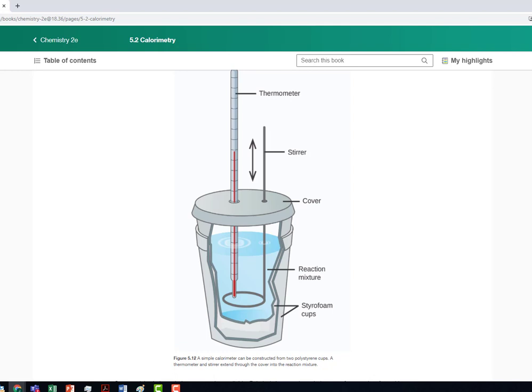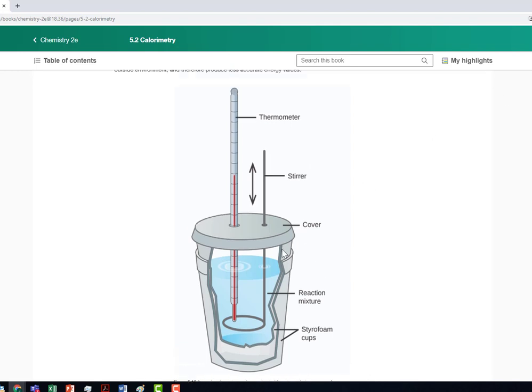Here's an example of a coffee cup calorimeter. The setup is very similar to what we'll be using in the lab. So we have two nested styrofoam coffee cups. We'll have a cover for that, and then we'll have water that we put inside, as well as a thermometer and something to stir the water so that it's all at the same temperature.